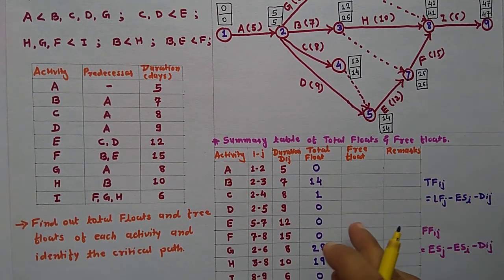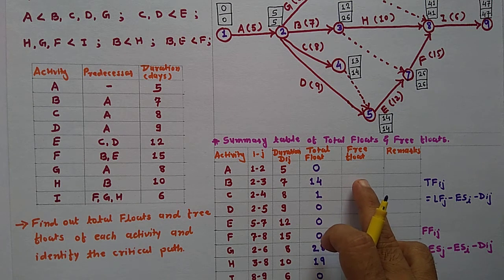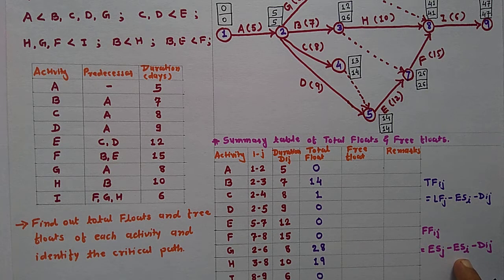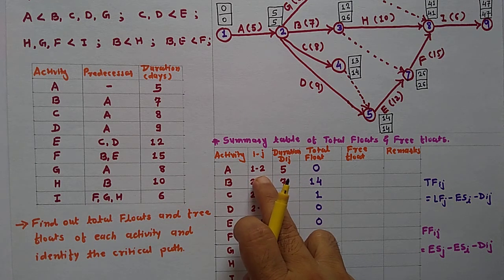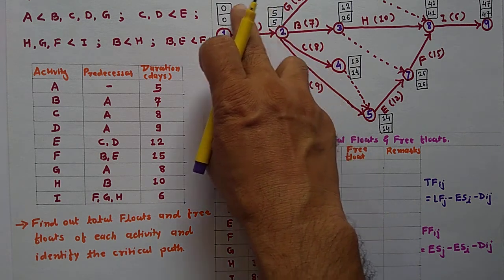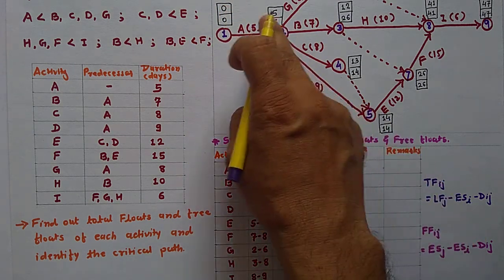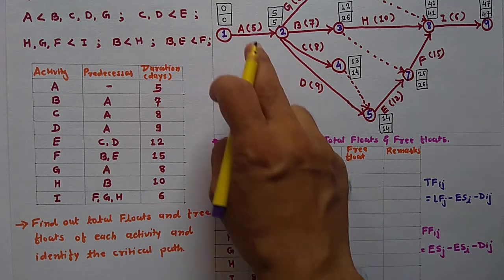Okay, so now we will calculate the free float. So what is the free float equation? Earliest start time of head event minus earliest start time of tail event minus duration. So first activity A: 5 minus 0 is 5, minus duration 5 is equal to 0.